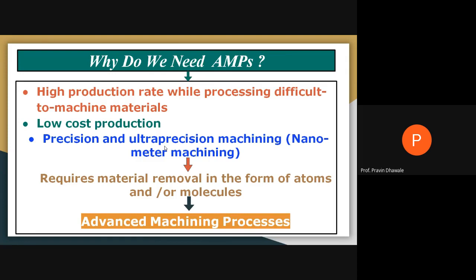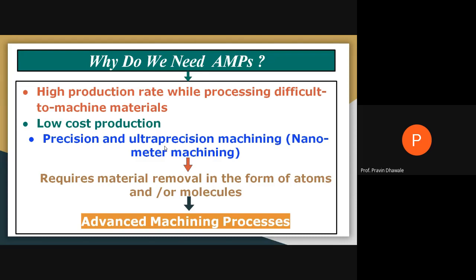Then there are certain processes where we require a high rate of production, or in the case of mass production or high production, for materials that are very difficult to machine.